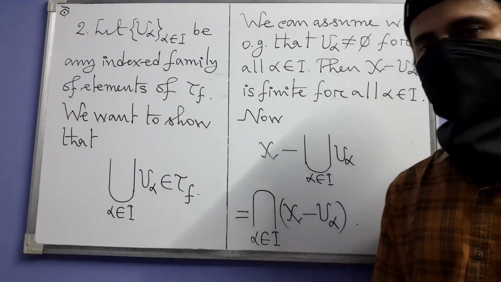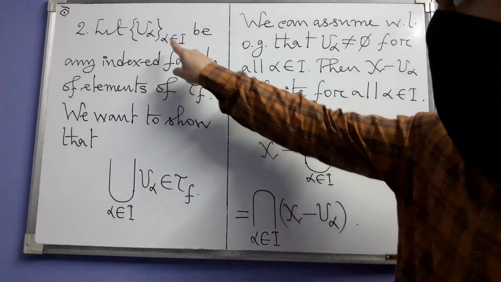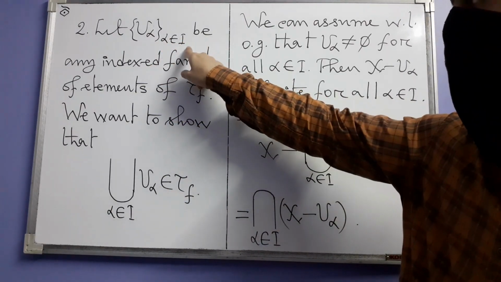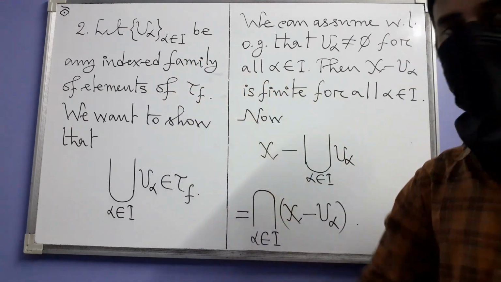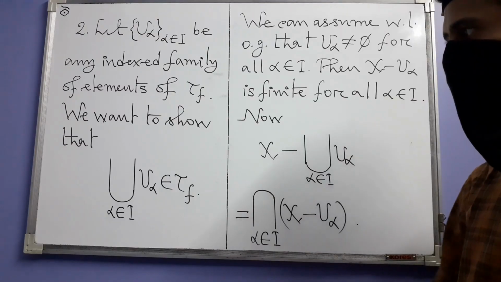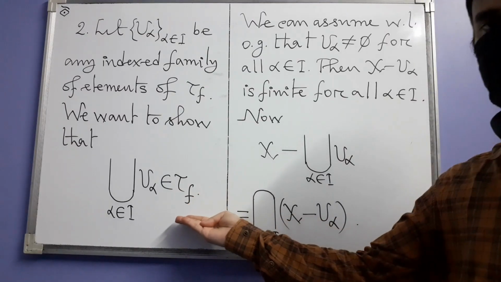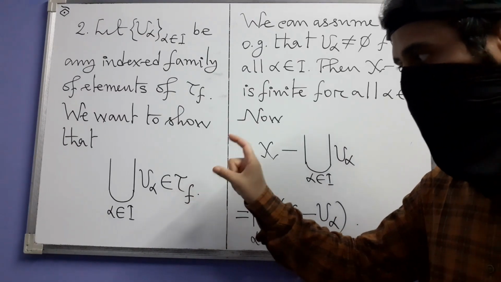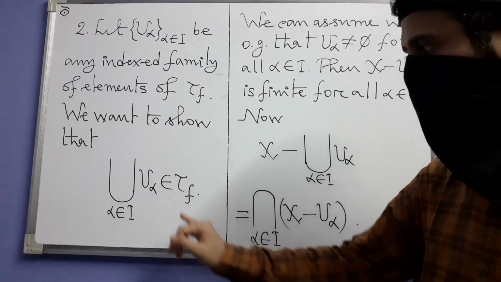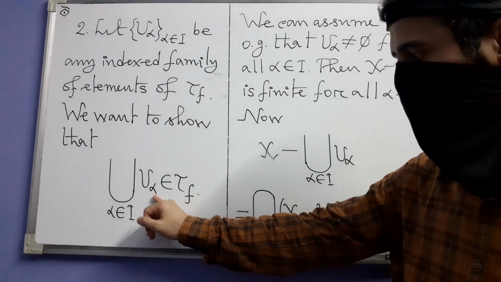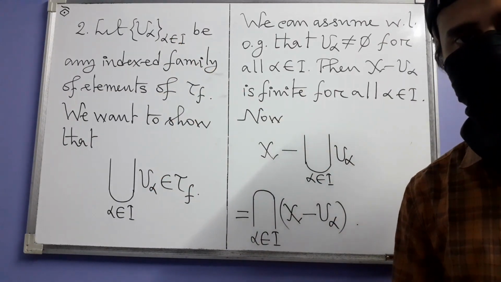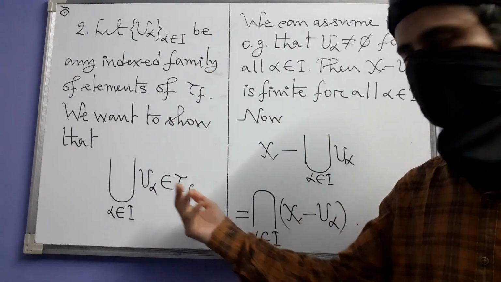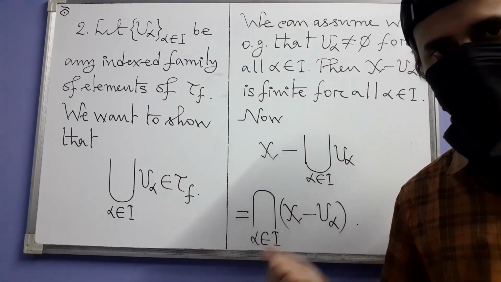For the second axiom, we take any indexed family U alpha, where alpha varies over the index set I, of elements of that collection tau f, and we want to show that their union is again in tau f. Because we are considering union, there is no point having the empty set in this family, because the empty set will vanish inside the union.